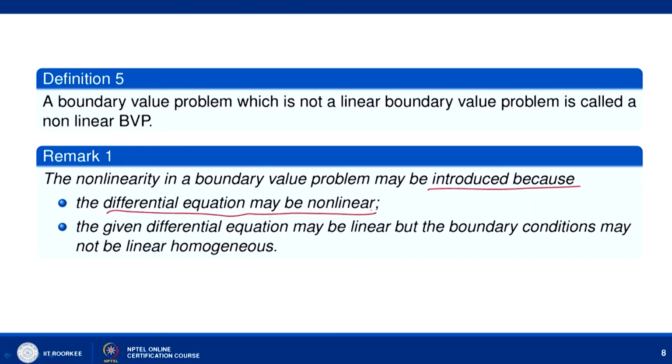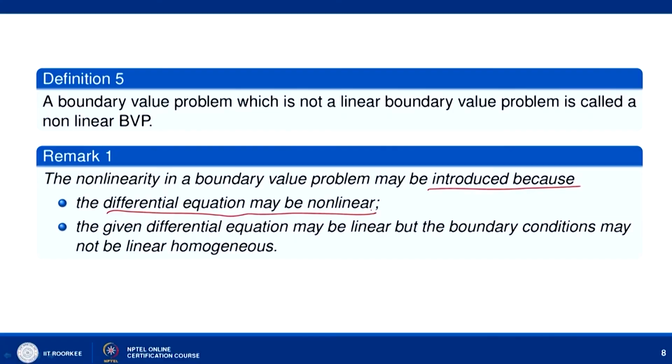Here we have two components, one is the differential equation, the other component is the boundary conditions. A boundary value problem is said to be linear if both the equation as well as the conditions are linear, and if any of these two fail, then we call this a non-linear boundary value problem.